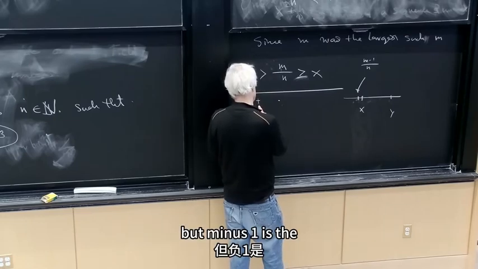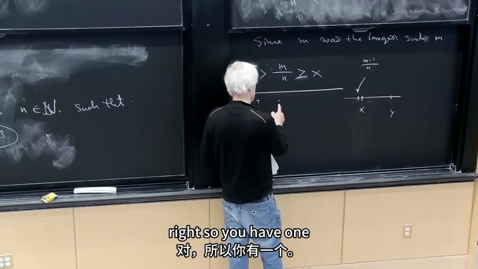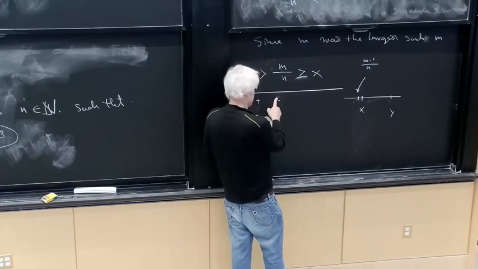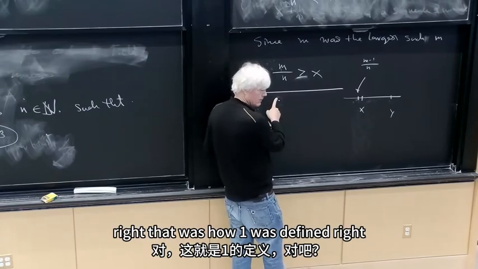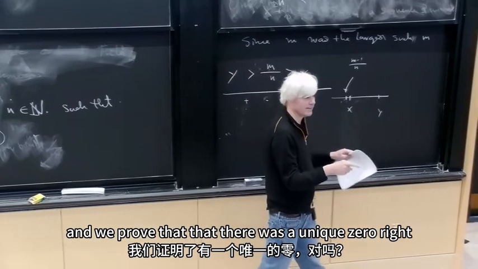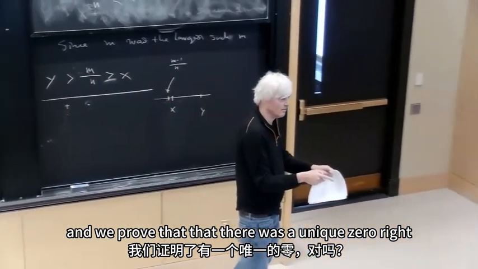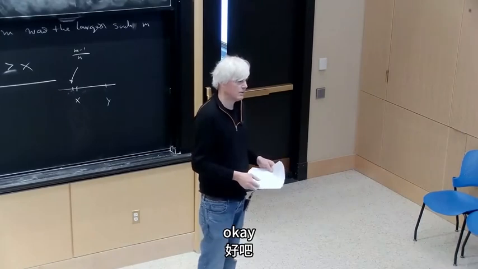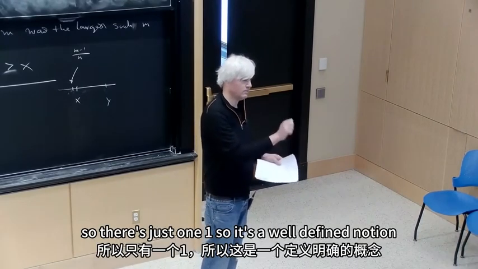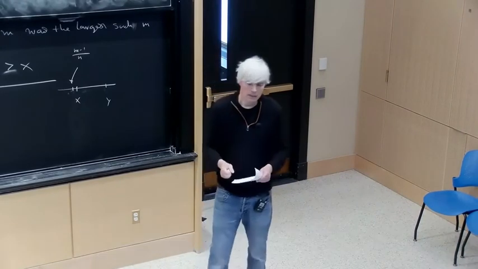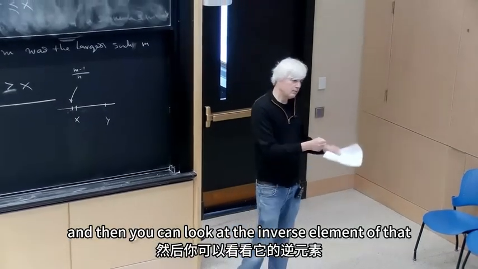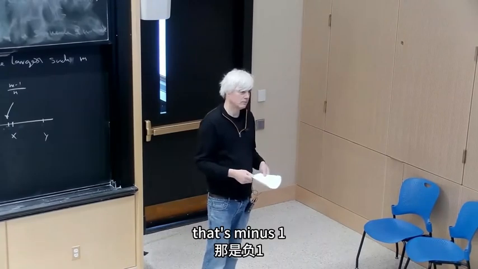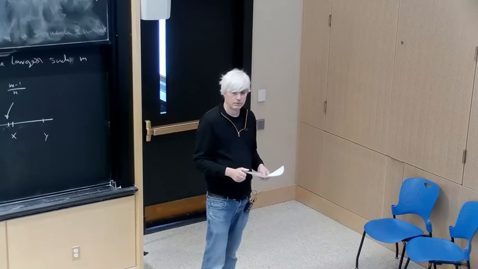But 1 is the neutral element for multiplication. That was how 1 was defined. And we proved that there was a unique 0. That same argument would prove that there's a unique 1, okay? So there's just one, so it's a well-defined notion. And then you can look at the inverse element of that with respect to addition. That's -1, right?